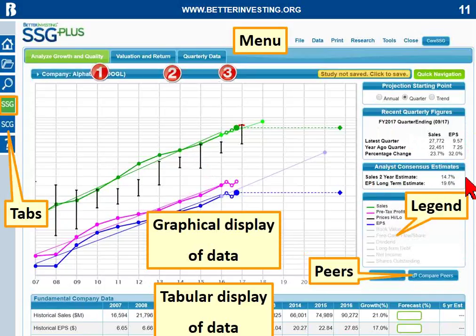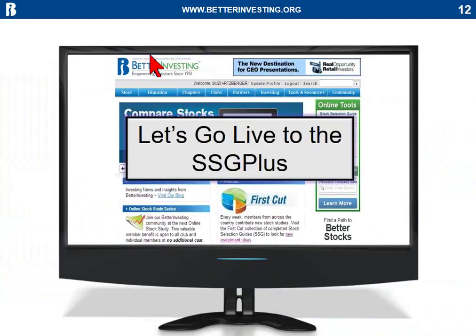Analyst consensus estimates are right here. We can change our projection start point up here in this box. So if those terms are foreign to you right now, hang with us. We'll be demonstrating them. But this is page 1. The second page is very tabular, so we don't go into that much detail in advance. All right, let's go live.